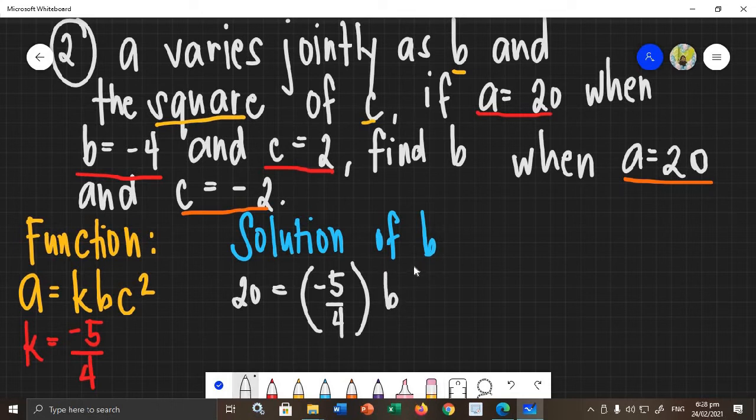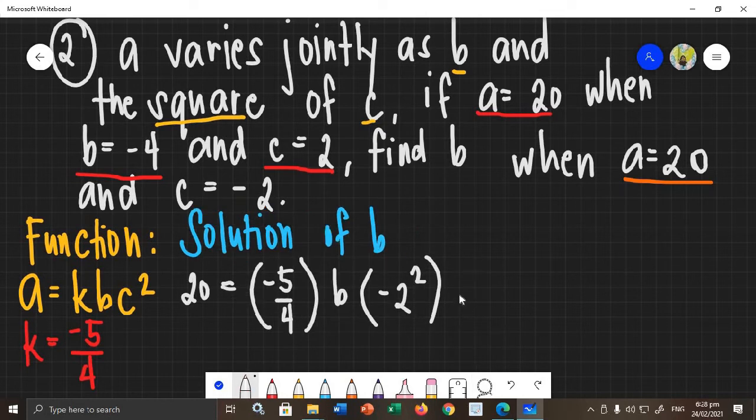And then yung C natin is negative 2, and then naka-squared siya, negative 2 squared. And then rewrite lang natin siya na mauuna yung numbers. Okay, so kapag nire-write natin yung given natin, it will become like this. So 20 is equal to negative 5 over 4.